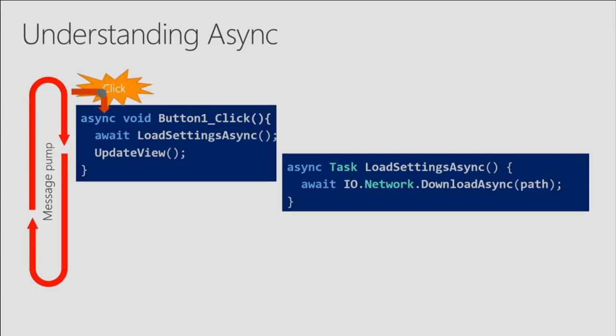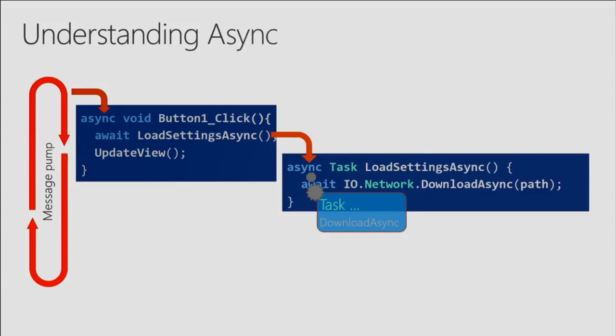All right, so someone clicks the button. We hit the await. We call load settings async. We go to load settings async, which also is marked with async, and we hit the await in load settings async. So when we hit this await, a task will be created for us.